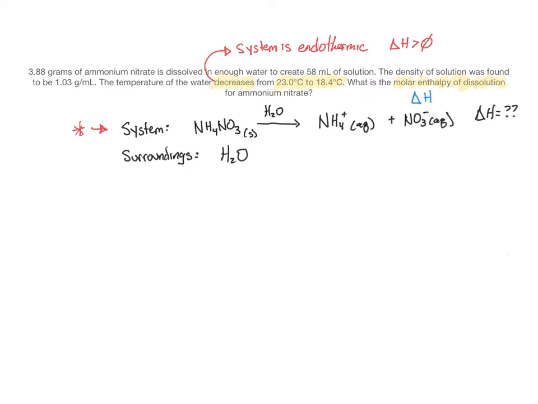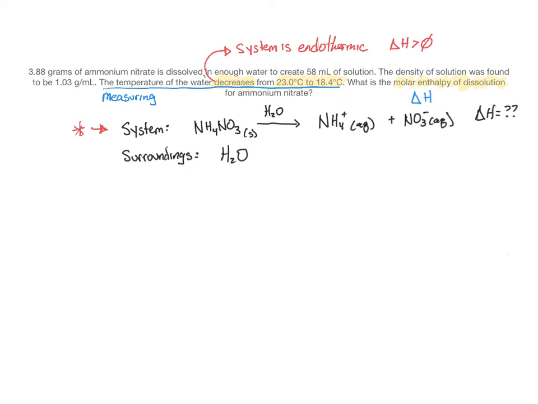Okay, so when I look at this problem, I take stock of what I'm working with and start keeping track of what I know. Since the temperature of the water decreases, this should tell me that this is what we are measuring.